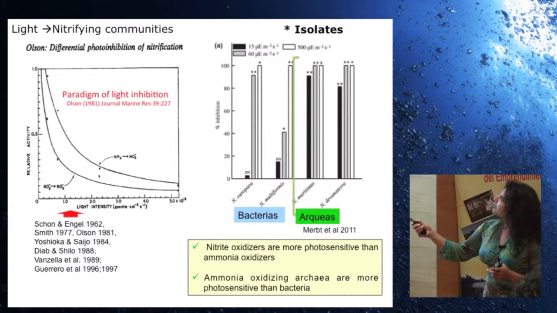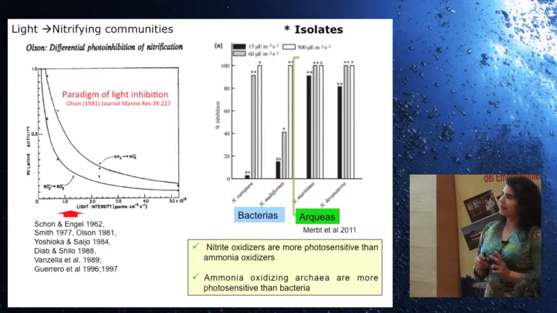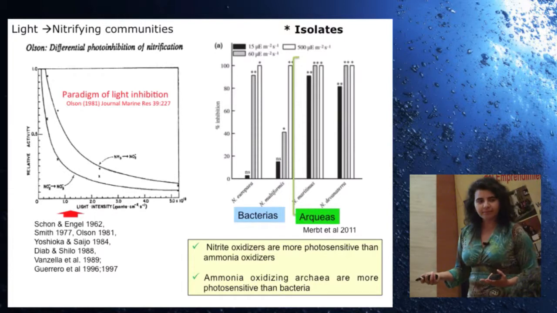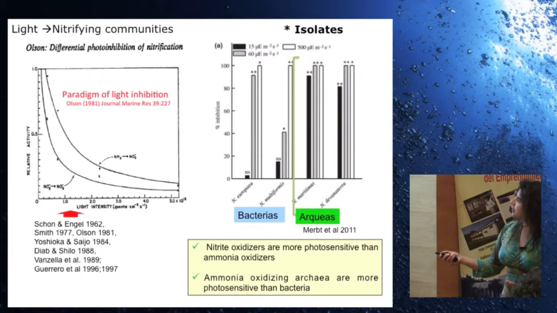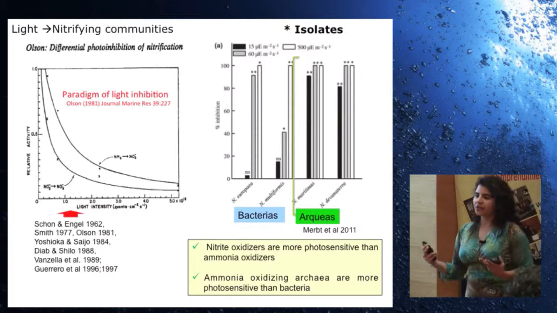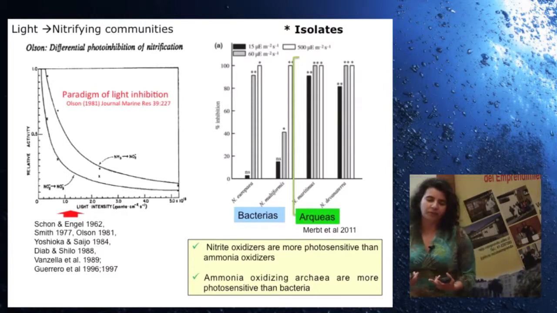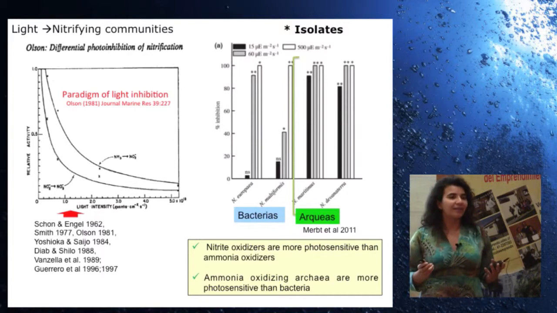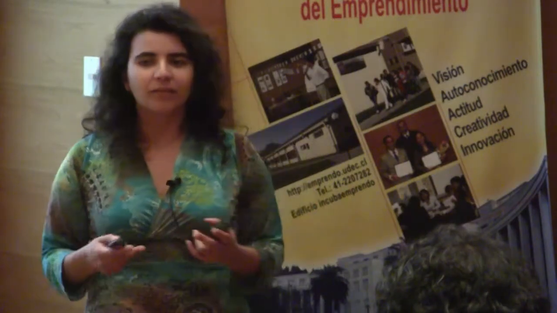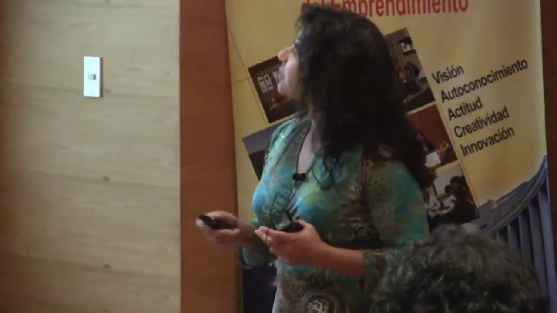We have seen, for example, that for the nitrifying community, there's a very old paradigm related with light inhibition, that the ammonium oxidizing communities are inhibited by light. And then nitrite oxidizing communities also. And this knowledge was obtained mainly by isolates, incubations, and following the rates of these groups.